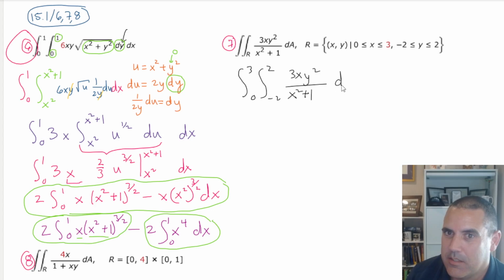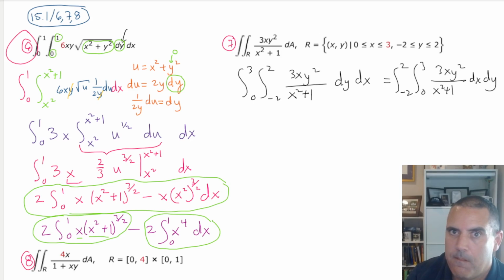If I do this, it's going to be dy dx because the y is on the inside, or I could do it the following way: 3xy squared, x squared plus 1, dx dy. And so my choice would just be what will be easier to integrate. At first glance, to me, that looks easier to work with than all of this.